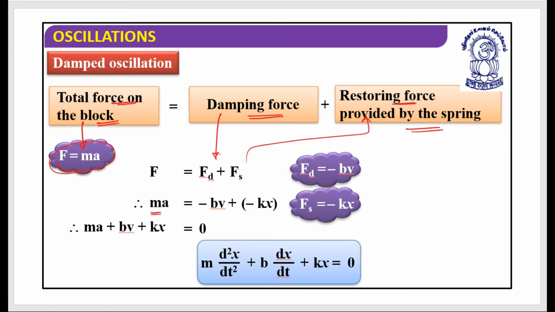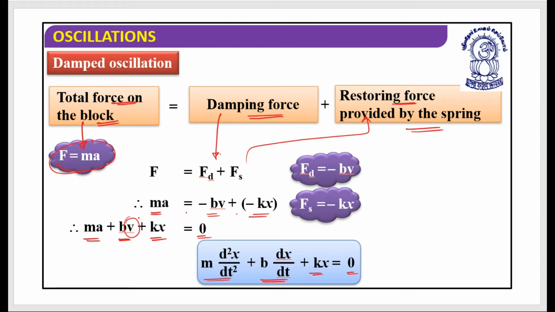So ma = -bv - kx, that is, ma + bv + kx = 0. If I write m into a as m into d square x by dt square, plus b into v, which is b into dx by dt, plus k into x, this is equal to 0. I hope this is clear.